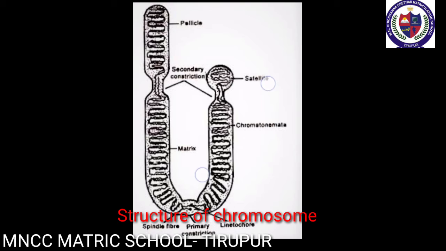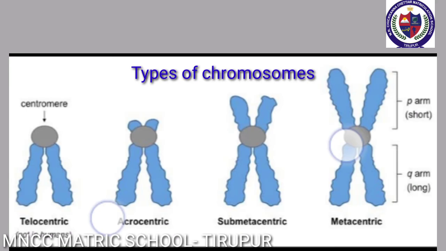A chromosome consists of the following regions: primary constriction, secondary constriction, telomere, and satellite. Types of chromosomes based on the position of centromere. Based on the position of centromere, the chromosomes are classified as telocentric, acrocentric, submetacentric, and metacentric.